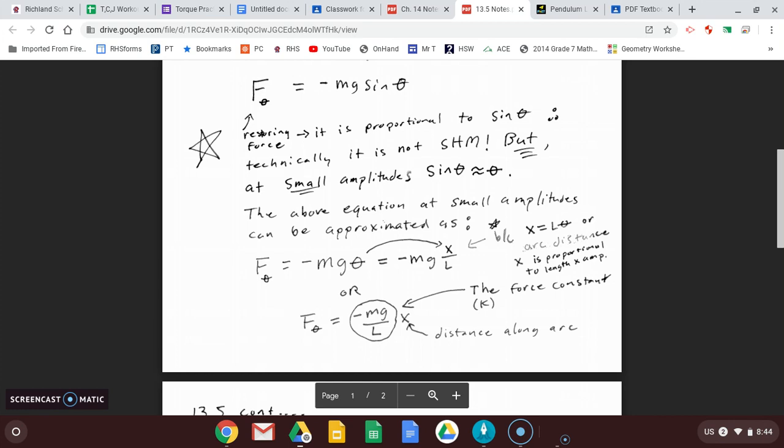Remember, Hooke's law for oscillating SHM springs, the restoring force, was, one more time, F equals negative kx, where k was defined as the spring constant.